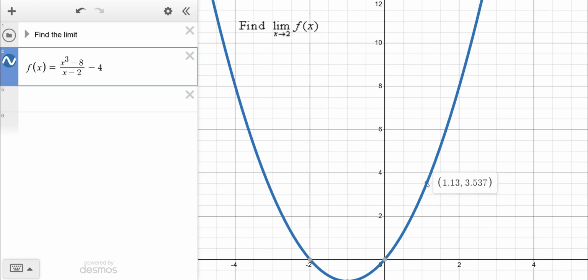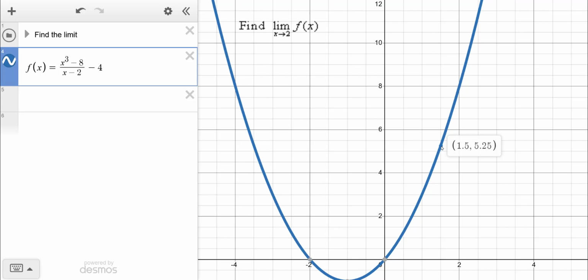Now x is 1.13, and the y has gone up higher to 3. Now x is about 1.5, and the y is 5.25. So when we look at the limit, we're trying to see, as x gets closer and closer to 2, what does y get closer and closer to?